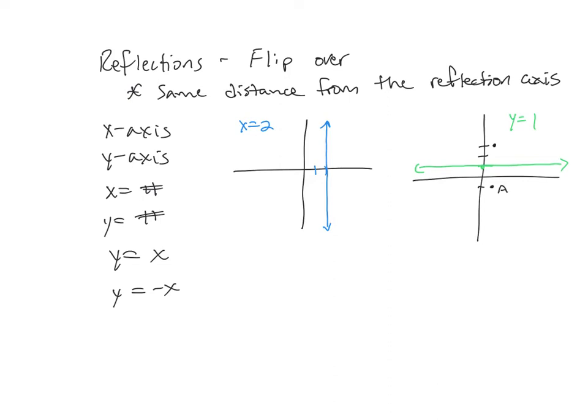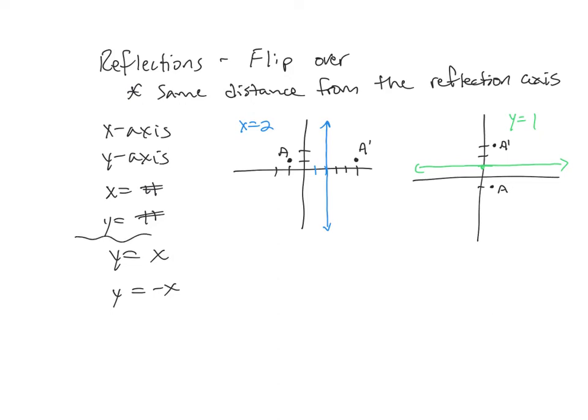So if this is A, then this is A prime. On this one, if you had a point here, you'd go 1, 2, 3 to the blue line, 1, 2, 3 to the other side. Same thing with the x-axis and y-axis, just count to the axis.